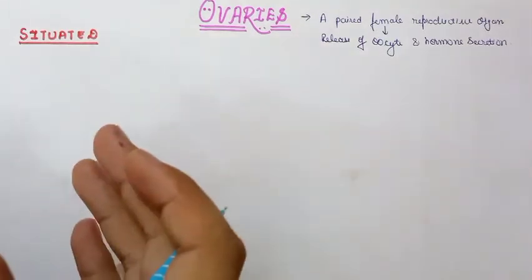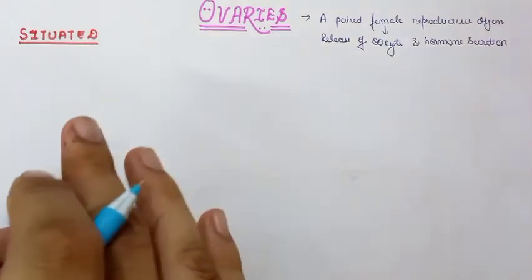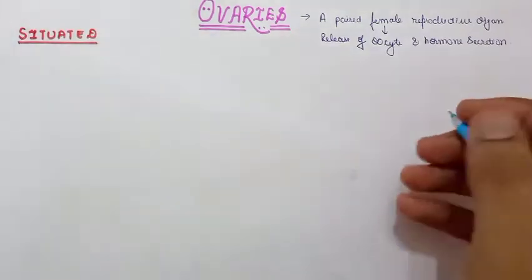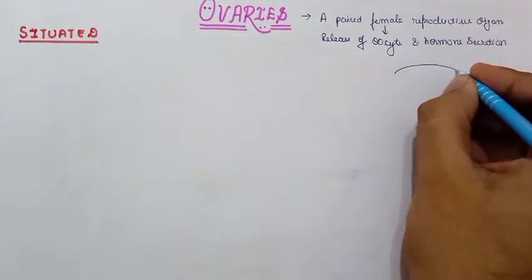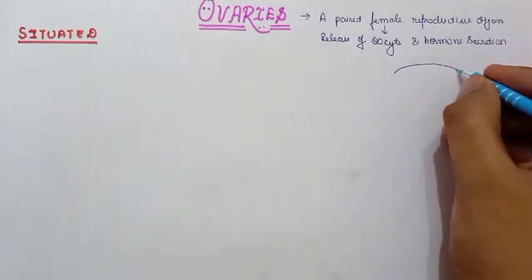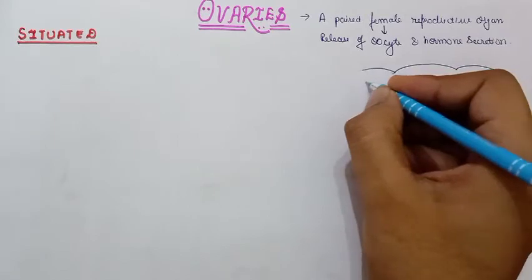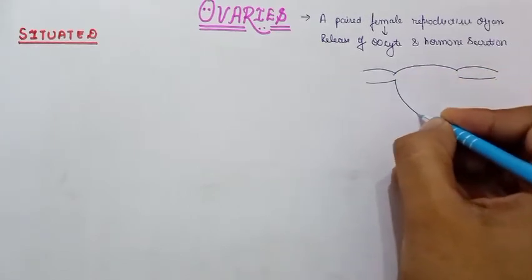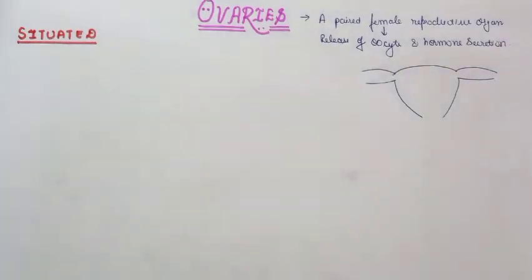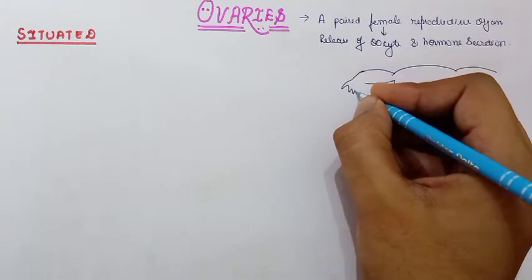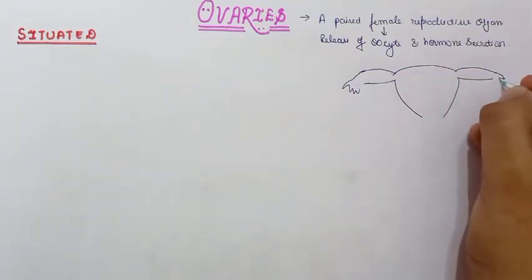But before starting the situation of the ovaries, let me give you a small detail about the other female reproductive organs. The female reproductive system consists of some other structures, which are the uterus and the fallopian tube, which is a site for the fertilization, and here we have the fimbriae on both the sides.